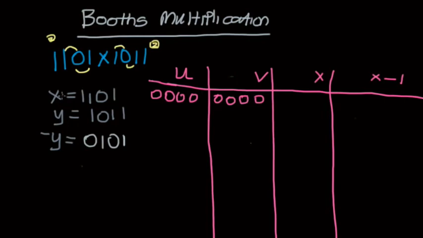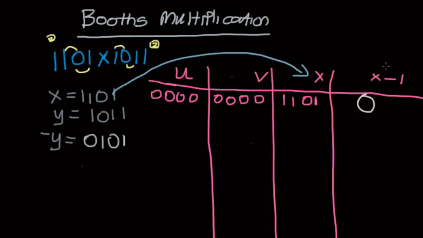For your x, all you need to do is copy down this x and put it here, so it's going to be 1 1 0 1. Your x minus 1 always starts with 0. This is very, very important. It always starts with 0.